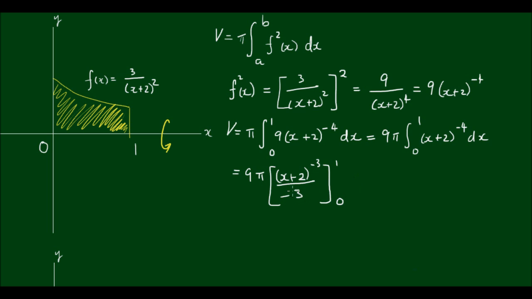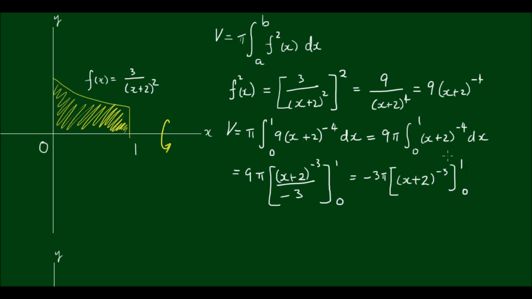And I can bring out this negative 3 at the front as well, so the 9 can cancel with negative 3 to become negative 3 pi times (x plus 2) to the power of negative 3 bounded by 1 and 0.